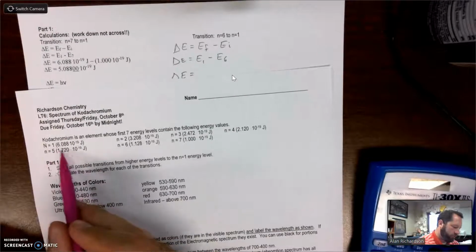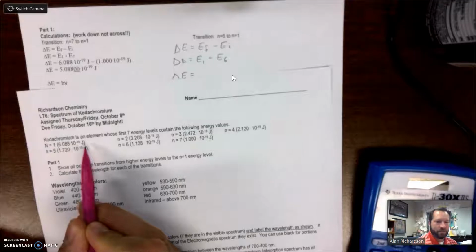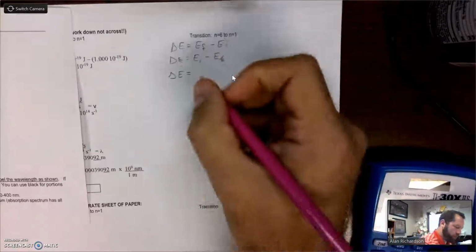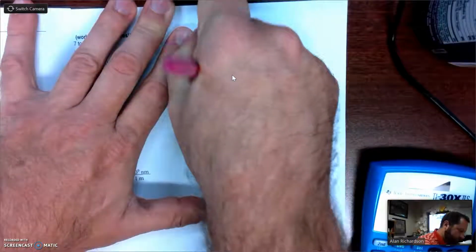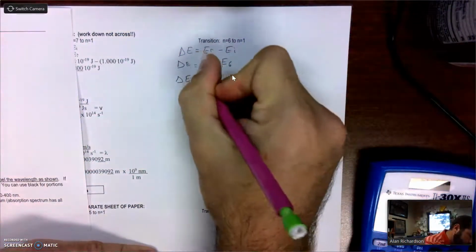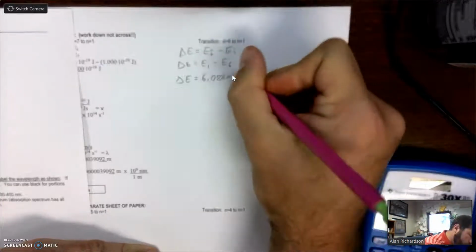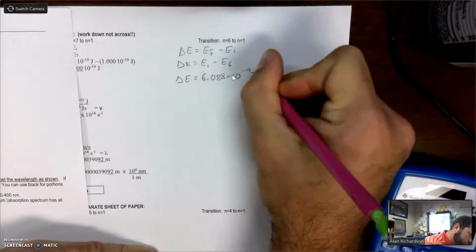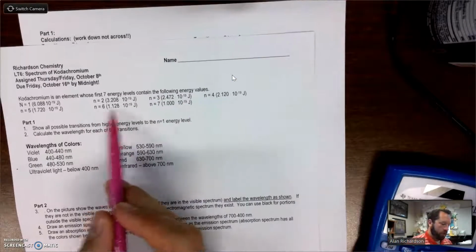Our first energy level is here, n equals 1, 6.088 times 10 to the negative 19th joules. So I'm going to go ahead and record that. 6.088 times 10 to the negative 19th joules minus, and now is where we're going to put in our n equals 6 energy level.